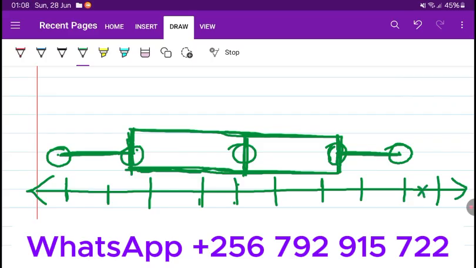If it is here, if it's here, if it's here, they indicate them like that. Here they always draw to show where it starts. Of course, these circles may not be there. I've just put the circles, but these circles are not always there.